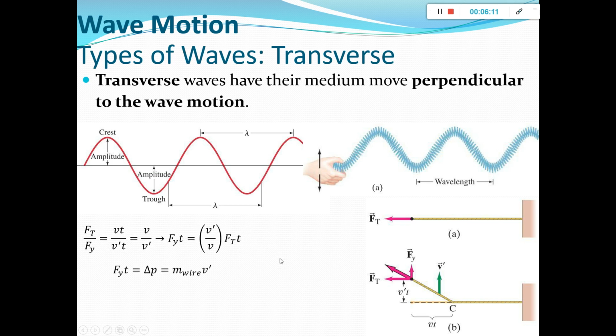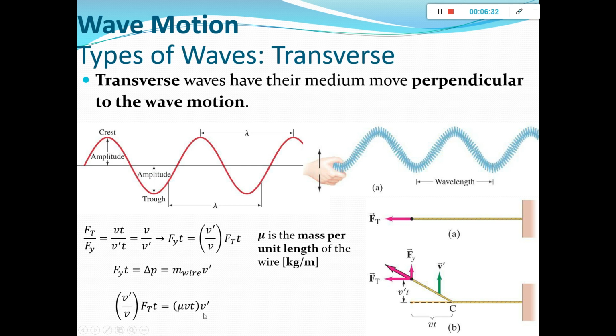Then what we can do is just talk about how F t is just a change in momentum, which is m times v. So plugging this stuff in, we can simplify this equation. So it looks like this by combining this with this equation up here.